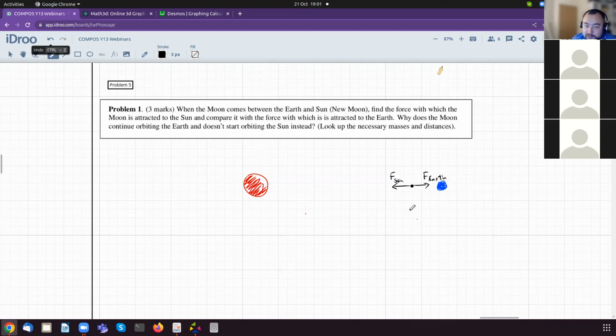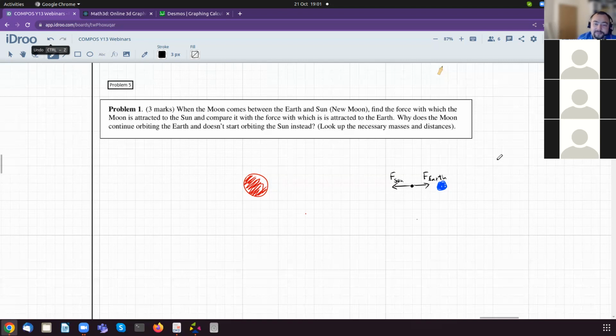The force from the sun or the force from the Earth? If you were the moon, which one are you more attracted to, the sun or the Earth? Absolutely. I mean, yes, it is closer, and you are, after all, going around the Earth and not around the sun.